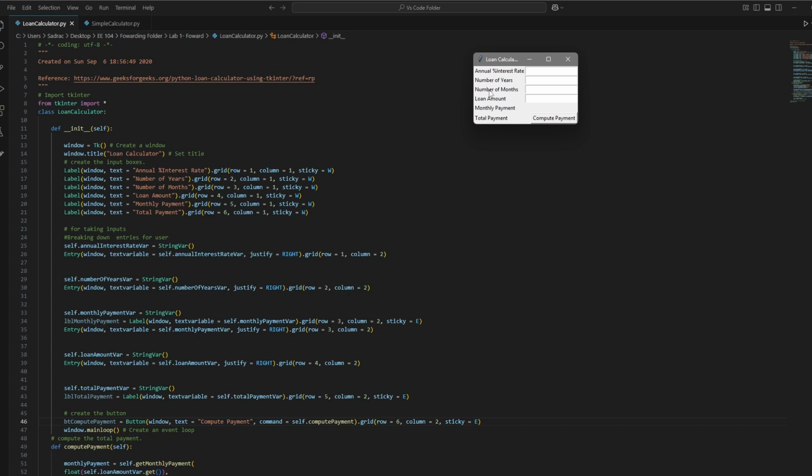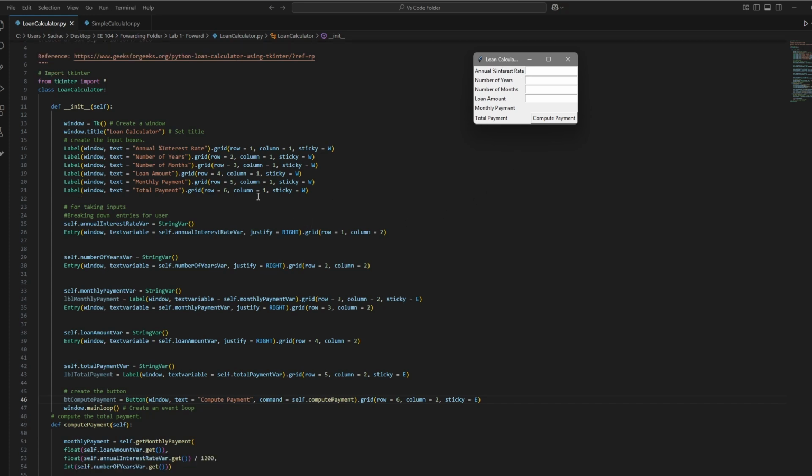And then the second row, third row, that is seen here in the third row is the number of months. What do we see here? Row 3, which correlates with the text of number of months. And then this sticky equals W means that we would be applying it in the west direction. So that's why it's on the left-hand side here.